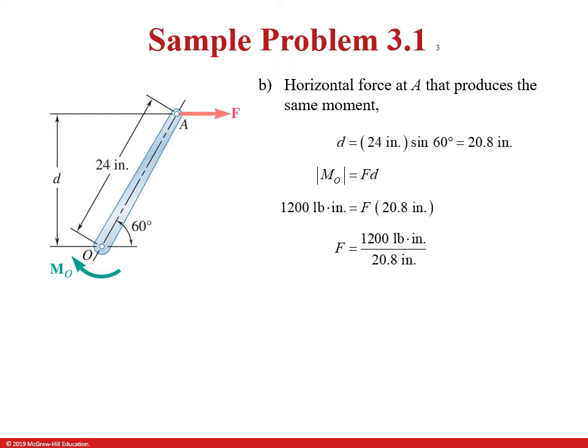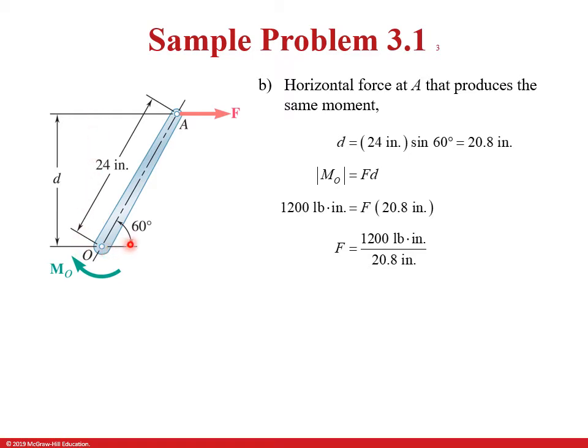All right, part B. The horizontal force at A that produces the same moment. So now we want to apply a horizontal force that produces the same 1,200 pound inch moment. So now we know we want the force horizontal, and we're going to have to solve for the distance here.